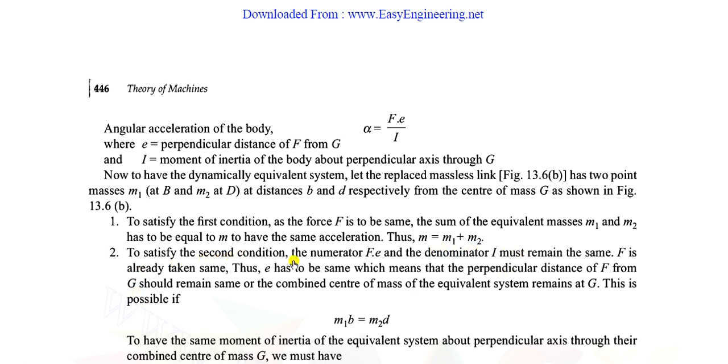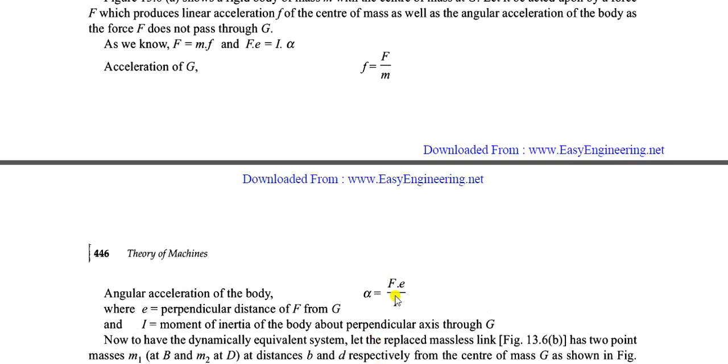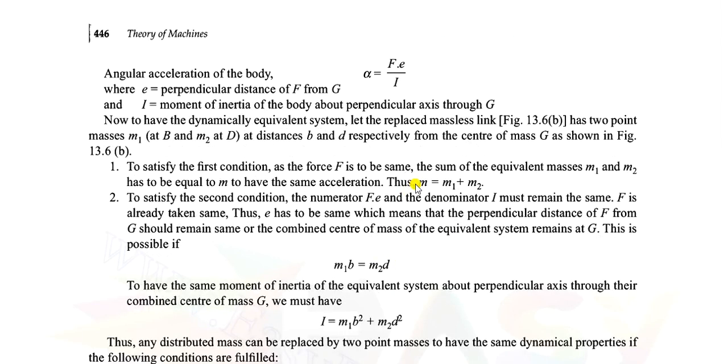Now to satisfy the second condition: the first condition was that linear acceleration will be the same. Now the second condition is that angular acceleration should be the same. So to satisfy the second condition, the numerator in alpha equals f into e, and the denominator I must remain the same.